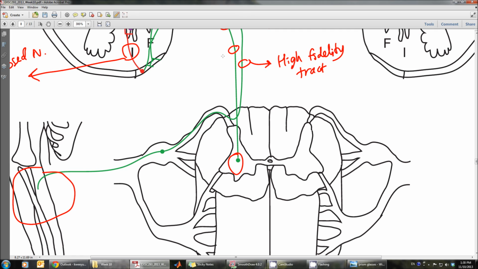So this is related to the current motor signal, and this tract is the internal feedback tract. So this contains the current motor signal, and this contains the current sensory signal.